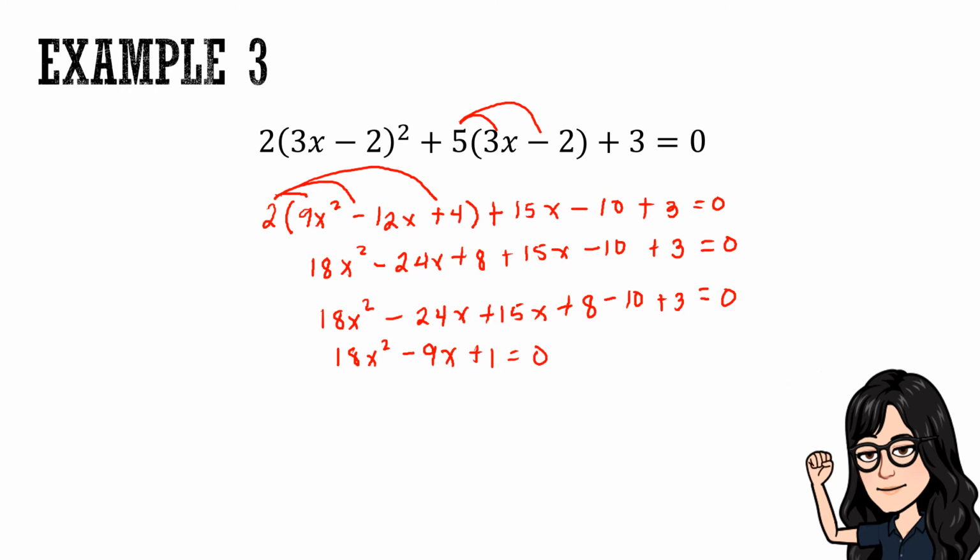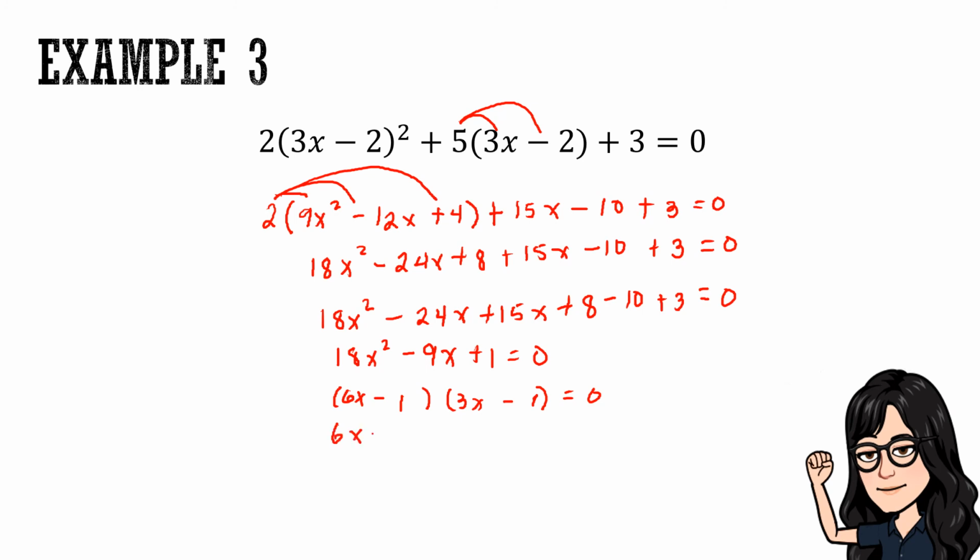Since the given equation is factorable, let's factor. The factors of 18x squared minus 9x plus 1 equals 0 are 6x minus 1 and 3x minus 1. Equate both factors to 0.